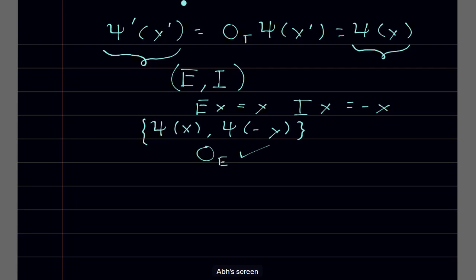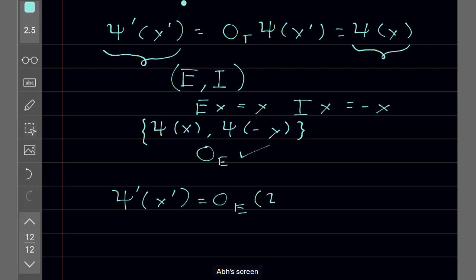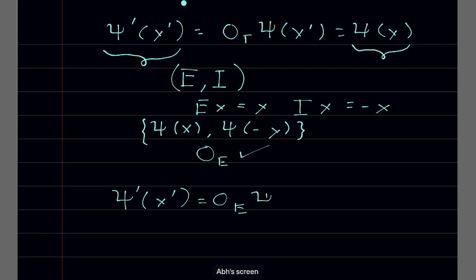Psi prime of x prime is equal to OE psi of x prime, which is equal to psi of x. I just wrote it and I replaced the operator OT with OE. Now let us see what changes I can make if there is OE here.